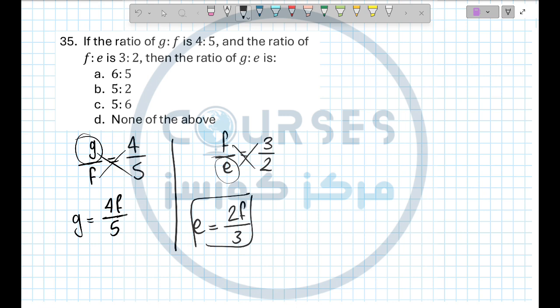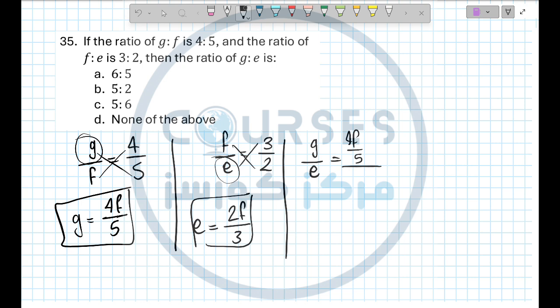Okay, now let's take these and find what he wants. He wants G to E, which is G divided by E. G is 4F over 5 divided by E is 2F over 3. Keep, change, flip. G over E equals 4F over 5 times, flip the other one, 3 over 2F.